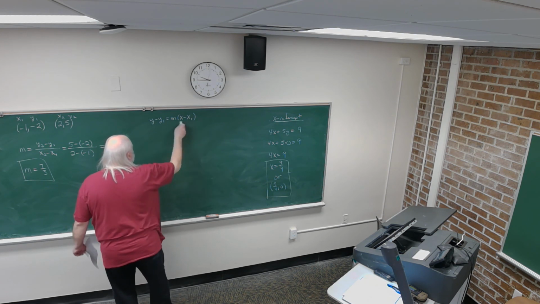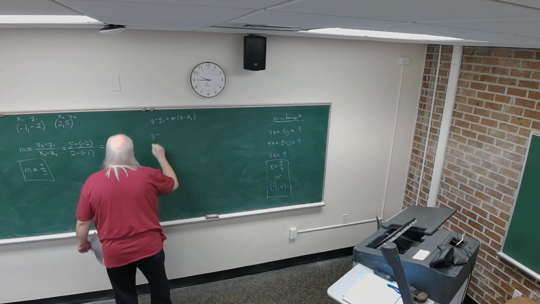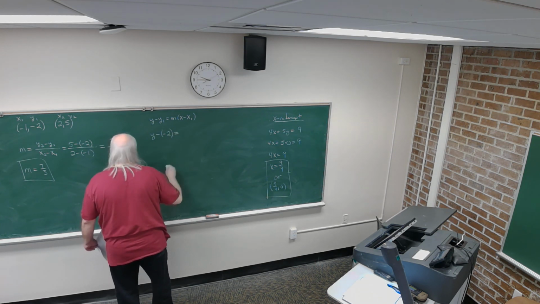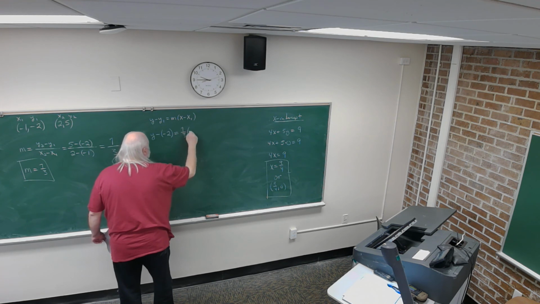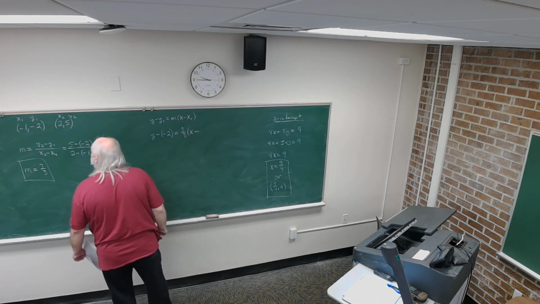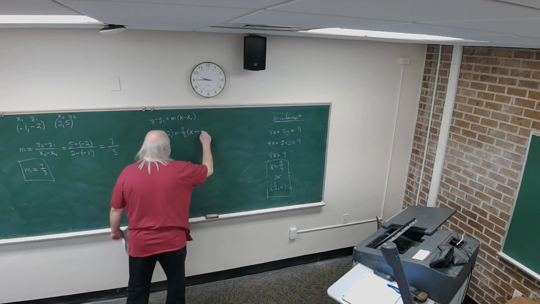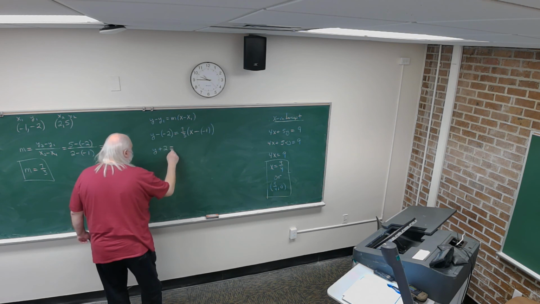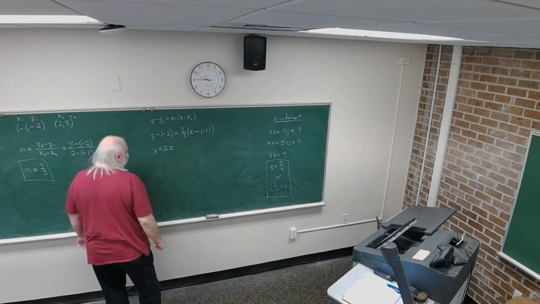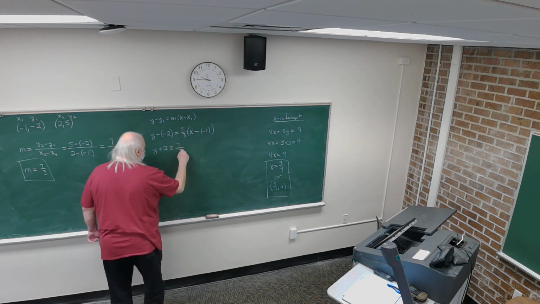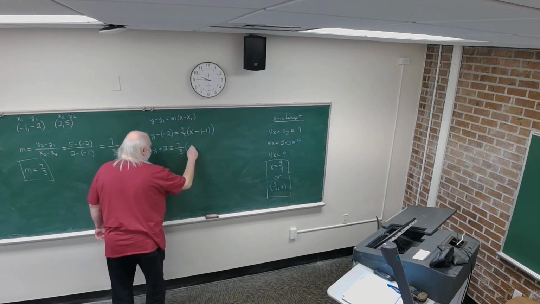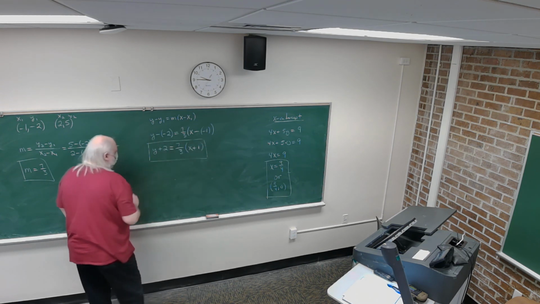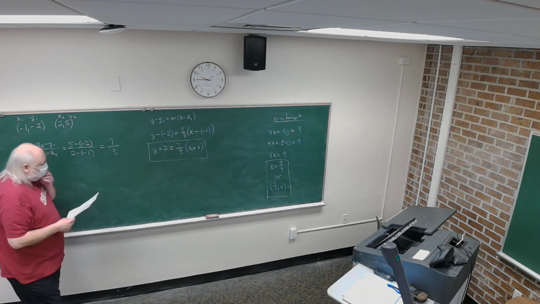So substituting for x1, y1, and m, we have y minus a negative 2 is equal to 7/3 times x minus a negative 1. And now you should simplify. Minus a negative 2 is plus a positive 2. And minus a negative 1 is the same as plus positive 1.